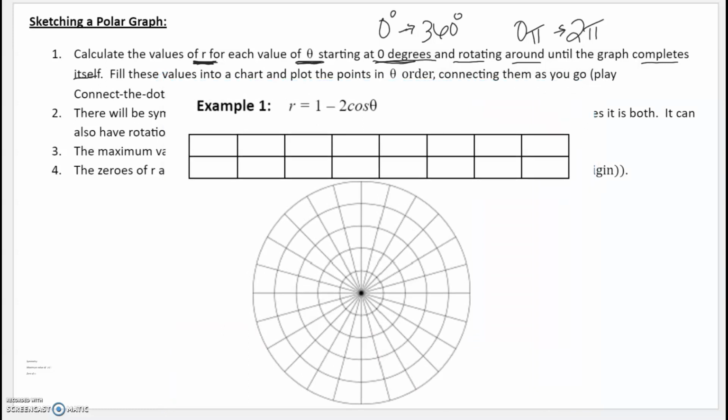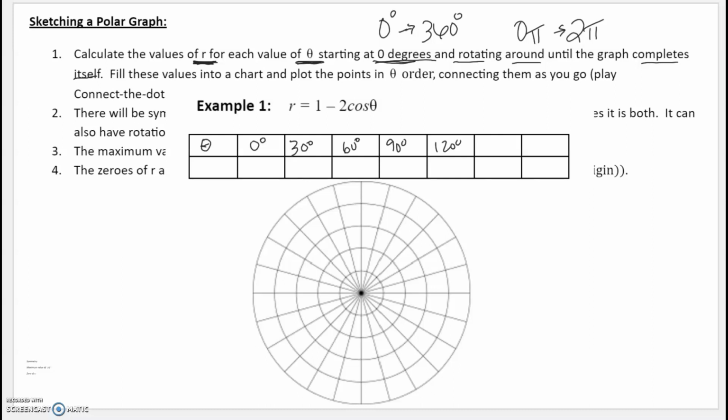Okay. So the theta values that we know: 0 degrees, and then 30 degrees, and then 60 degrees, and then 90 degrees, and 120.